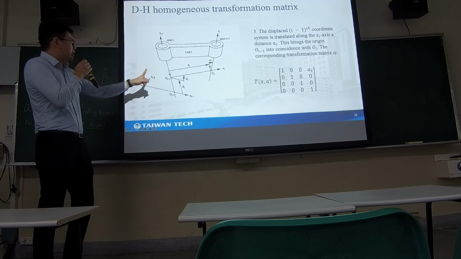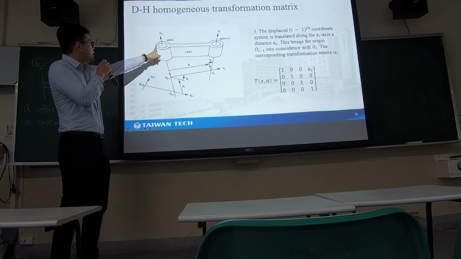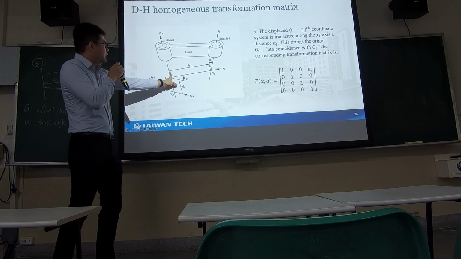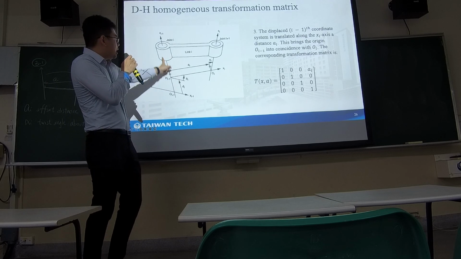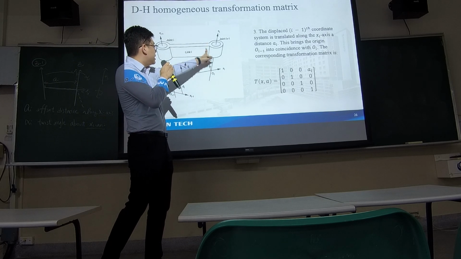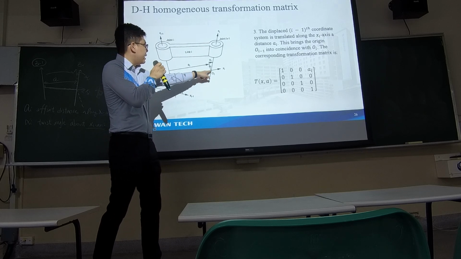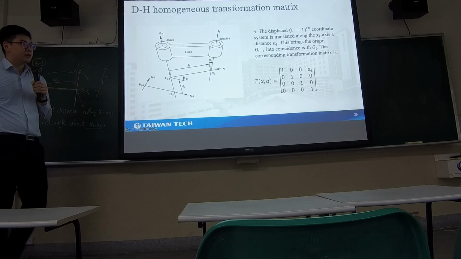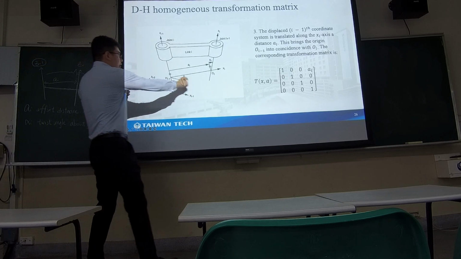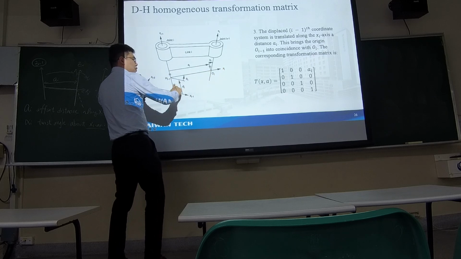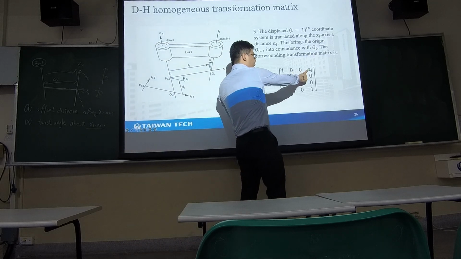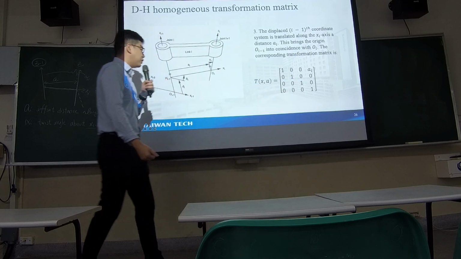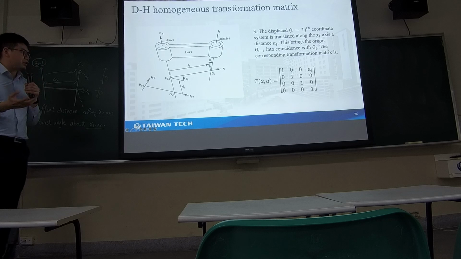So again, you can just follow the definition. A is the distance between zi minus 1 and zi along the xi. So you can get ai. And as it is along the x-axis, we will have a position vector ai, 0, 0. And we have identity matrix here for the rotation, since the orientation didn't change.